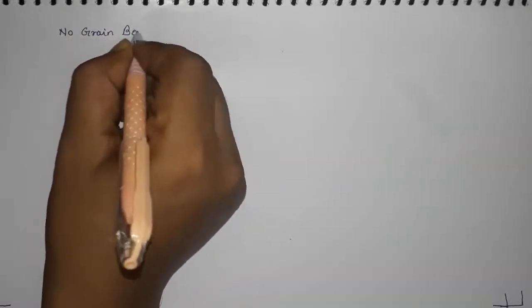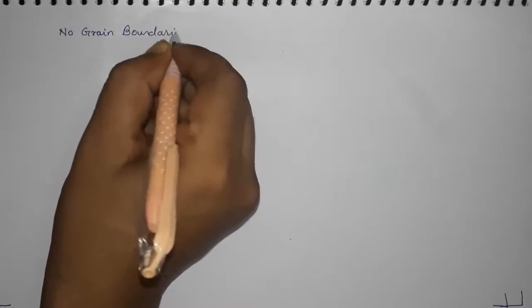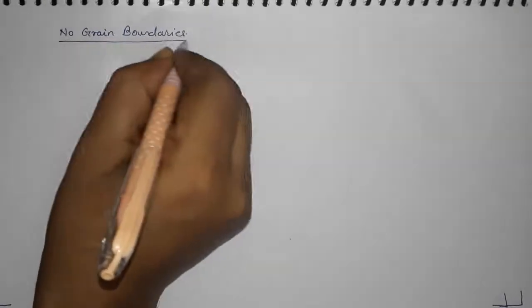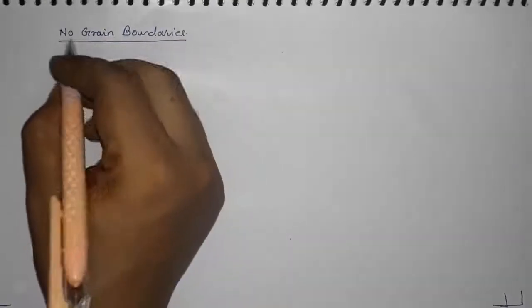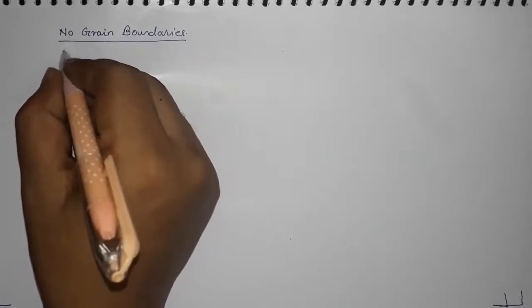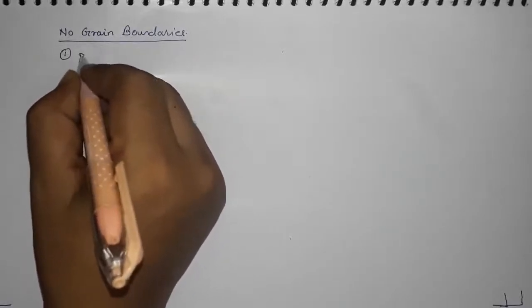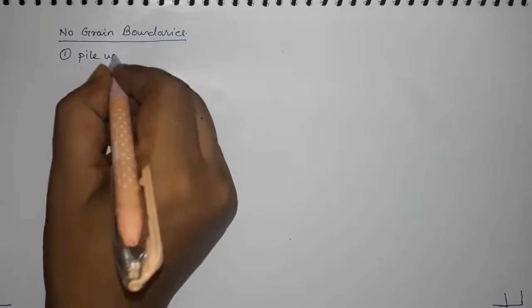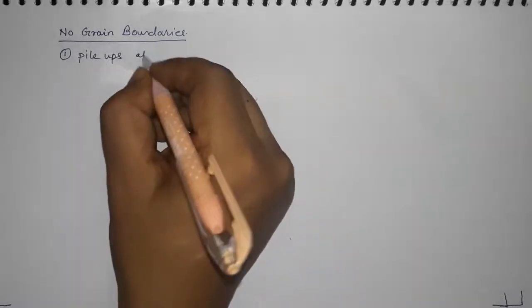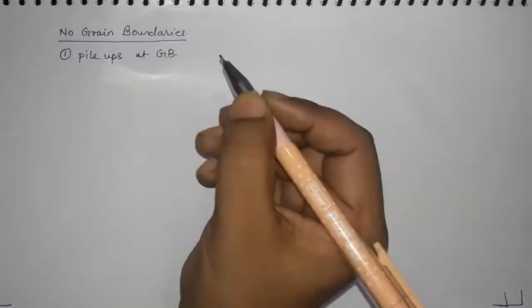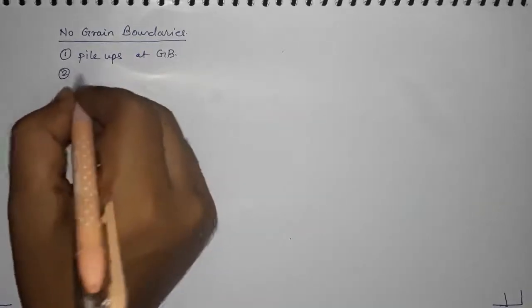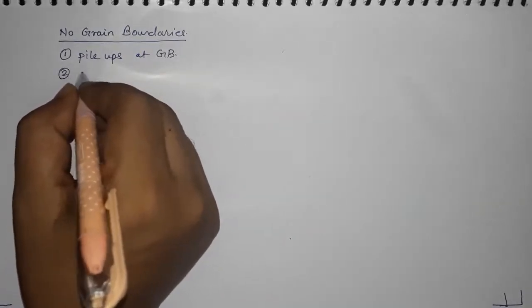If we have no grain boundaries, then what are the things which are going to be different? So first of all, you will not have pileups at the grain boundary. Grain boundary is a huge source of dislocation.